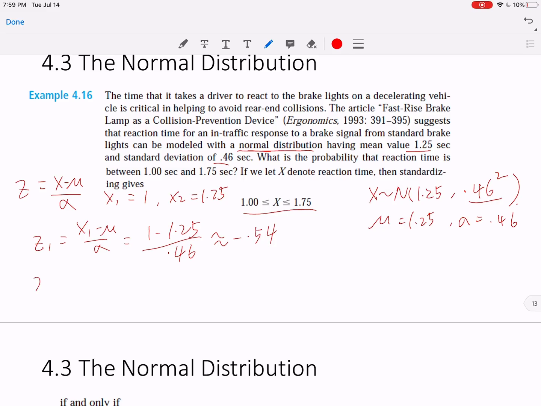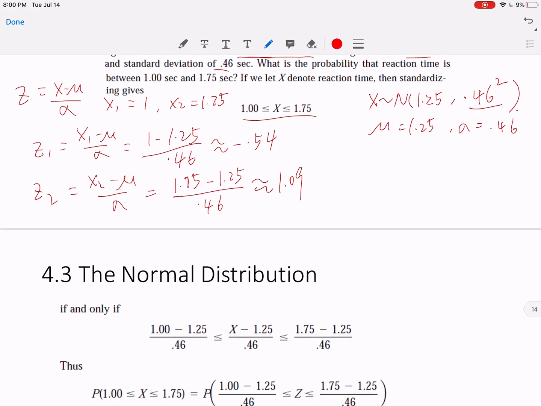And z2 would be equal to x2 minus mu over sigma. x2 is 1.75 minus 1.25 over 0.46, which is approximately equal to 1.09.